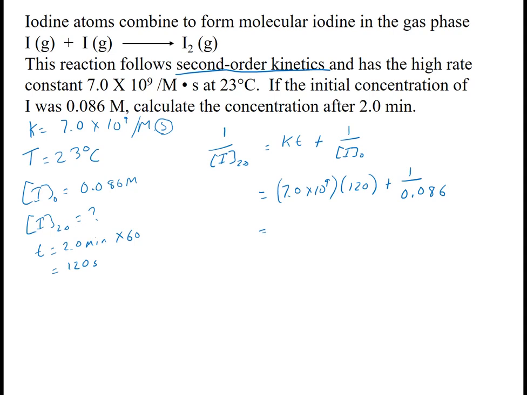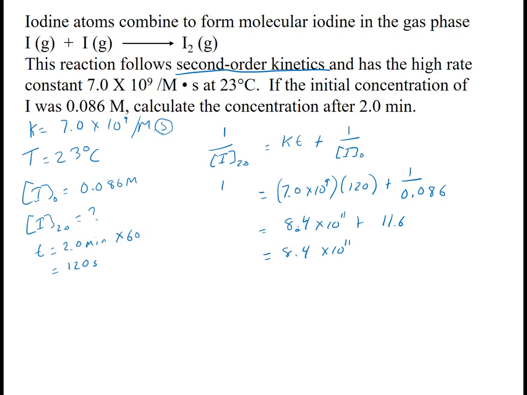I multiply these two things together, I get 8.4 times 10 to the 11th. I take the inverse here and I get 11.6. Now this is such a large number it doesn't change it, so it basically stays 8.4 times 10 to the 11th.